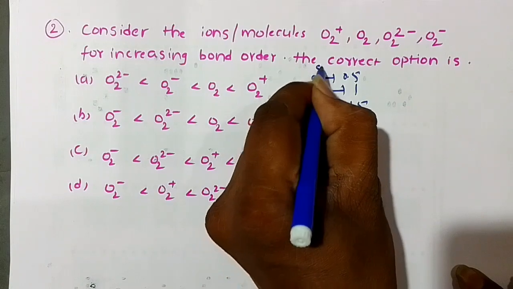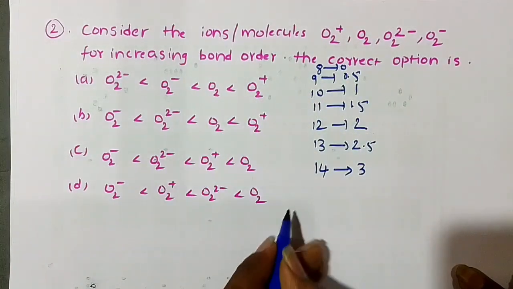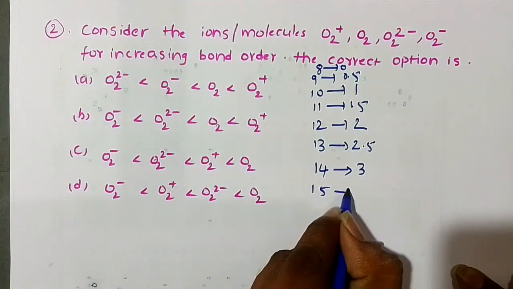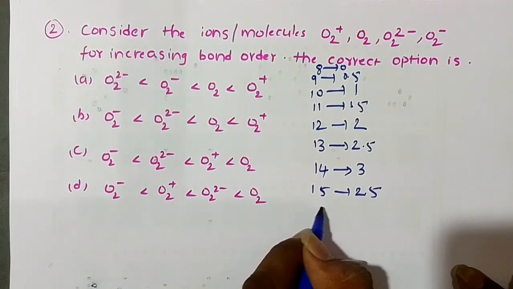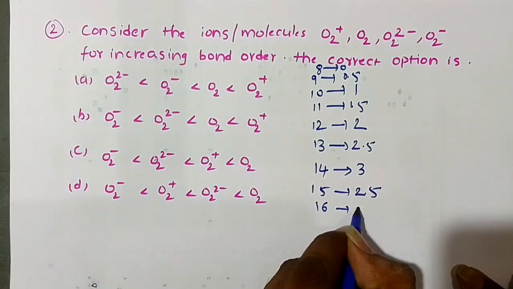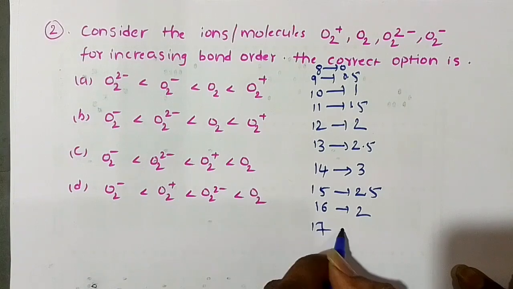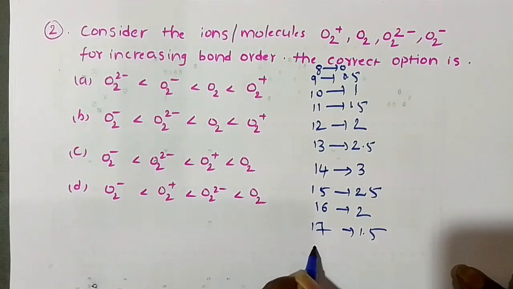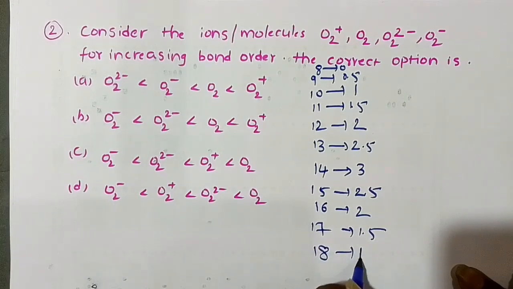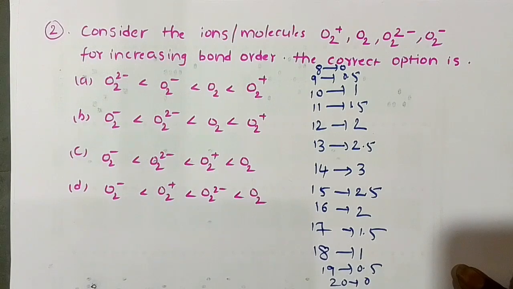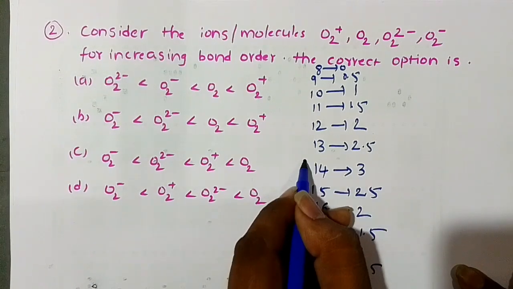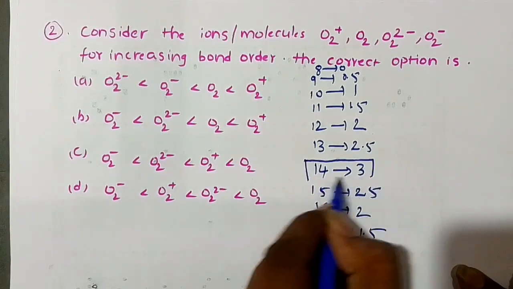And 8 electrons, 0. Also 15 electrons, now decreasing again, 2.5. 16 electrons, 2. 17 electrons, 1.5. 18 electrons, 1. 19 electrons, 0.5. 20 electrons, 0.